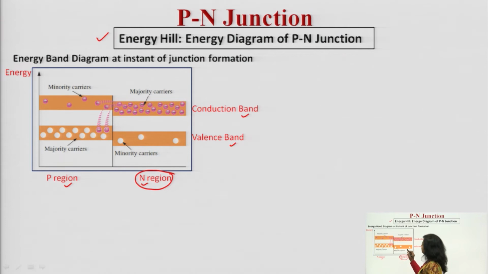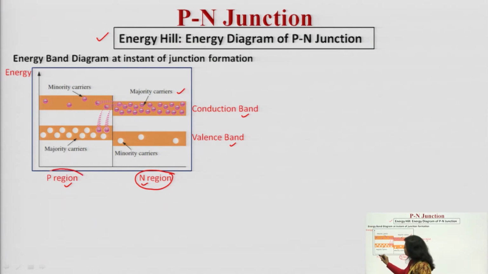Now, this is the situation when the junction is being formed, meaning when the two different semiconductor materials have been joined. In an N type semiconductor, the majority charge carriers are electrons, and the conduction band is filled with majority carriers, which are electrons, and there are a few holes in the minority in the valence band.